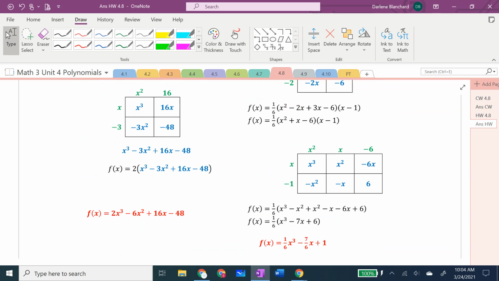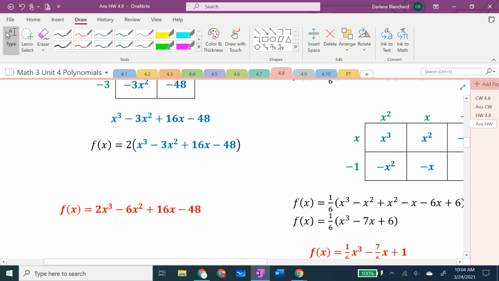Oh, my silliness. Do you see my silliness in the answer? I have to fix it. I started distributing the 2 and then stopped. So you get to see that it is so common that that's why you should check your work after a test.